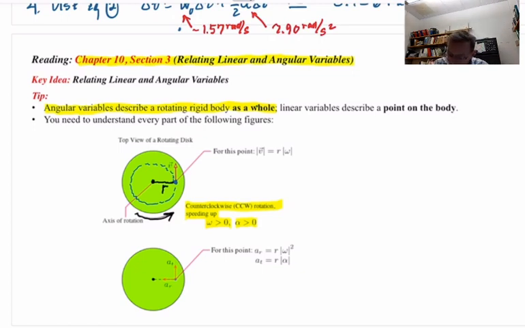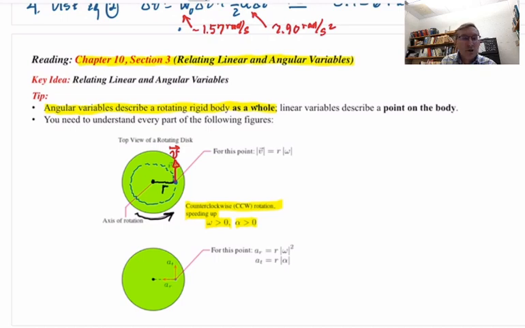And so, at a given instant, if you take a snapshot, you can ask or talk about the linear velocity v of the point. Okay? Linear velocity of that one point. It's got to be tangent to the circle pointing counterclockwise. So that's that red arrow. Now there's a relationship between the magnitude of the linear velocity of that point and the magnitude of the angular velocity of the whole disk. And that important relationship is derived in Chapter 10, Section 3.